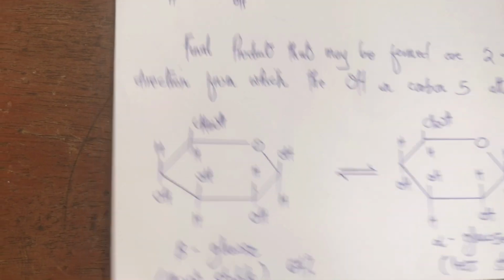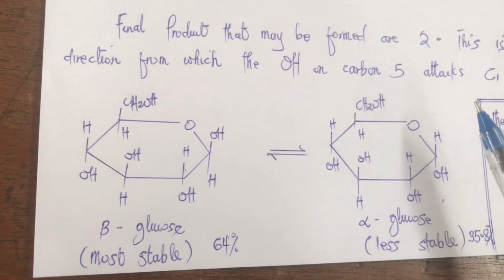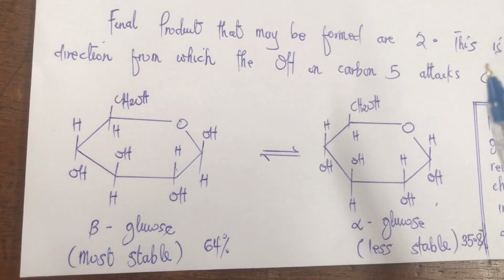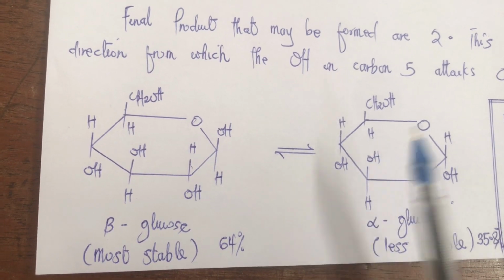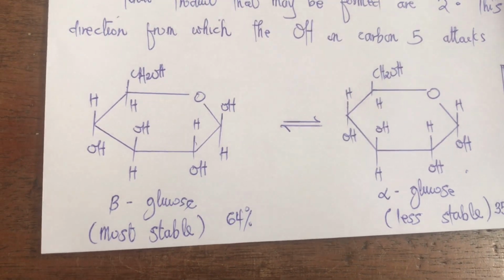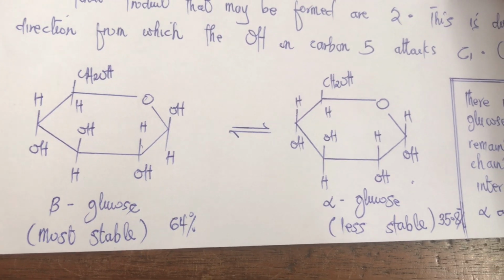Okay, so after the cyclic formation of this sugar, you will be having a beta glucose and an alpha glucose all in the same solution. But there's one thing you should also note. These will be interconverting each other. We may have most of the alpha glucose converting into what? Beta glucose. The same way we may have few of them that are converting into what? Alpha glucose.